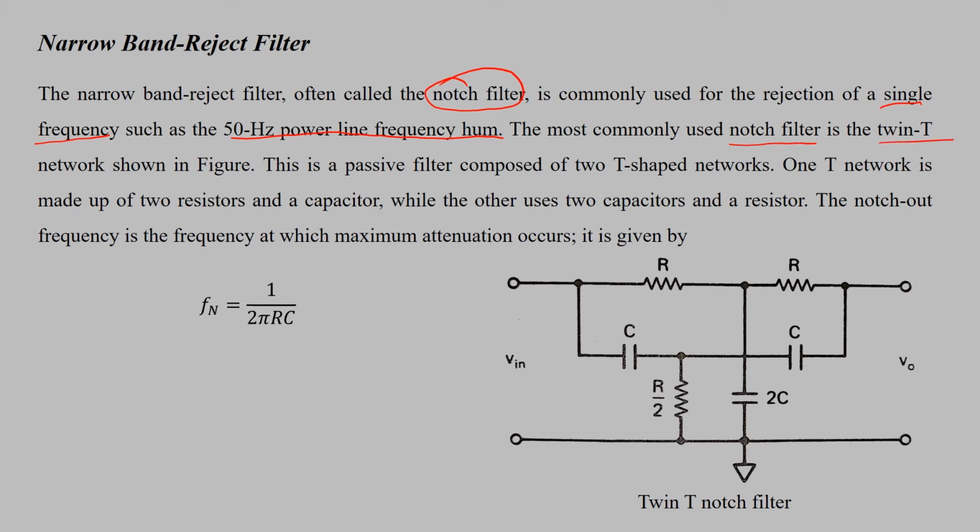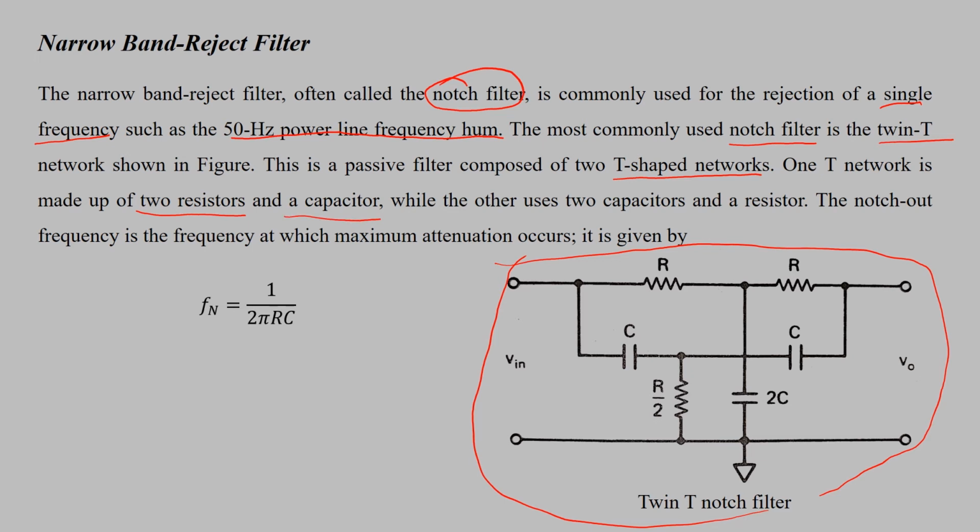Here you can see a twin T network. It is a passive filter composed of two T-shaped networks. One T network is made up of two resistors and a capacitor, while the other uses two capacitors and a resistor. The notch frequency is the frequency at which maximum attenuation occurs.